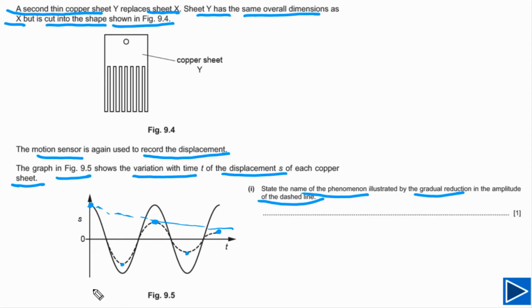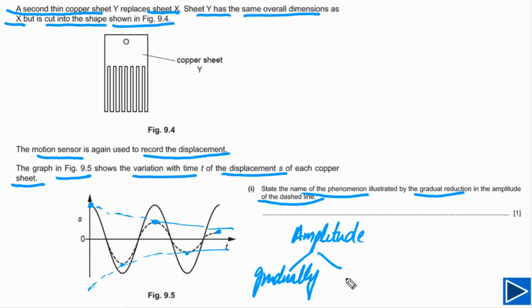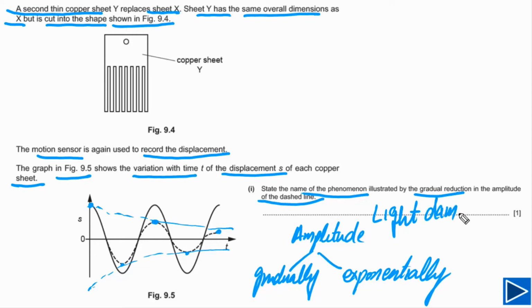This is also exponential decay. As this is exponential decay, we can say the amplitude decreases gradually and exponentially. So this is light damping. That's all we need to do for this question. Simply we need to write down that this is light damping.